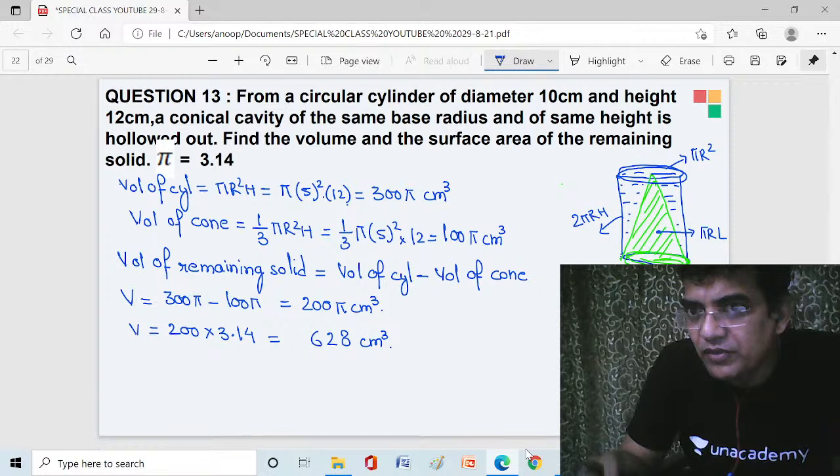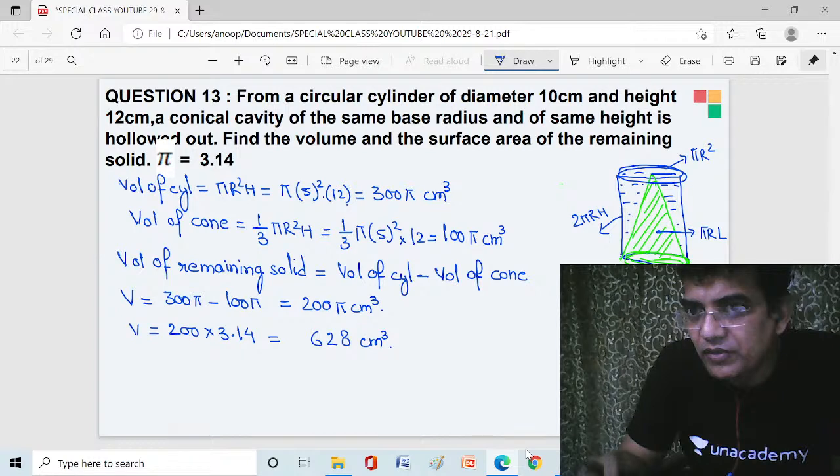Now I'm going to calculate the surface area of the remaining portion. There are three surfaces I've explained over here, so I'm going to add those three surfaces: 2 pi rh one, pi r square the other one, and pi r l the third one.